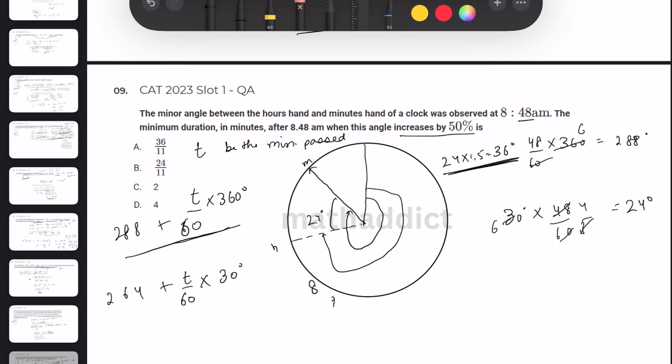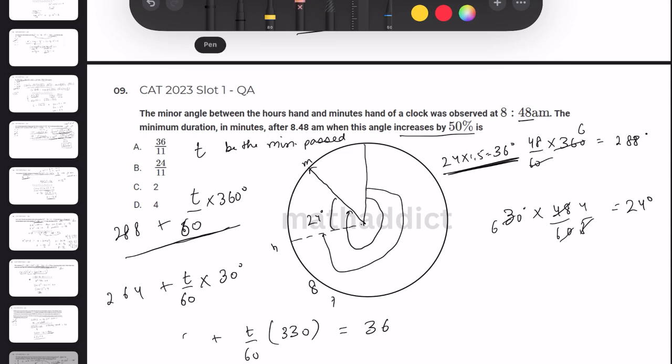So the difference between these should be 36 degrees. So that gives us 288 plus t by 60 into 330 equals 36.